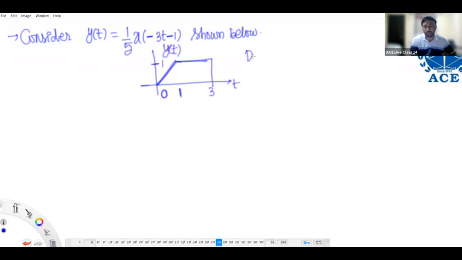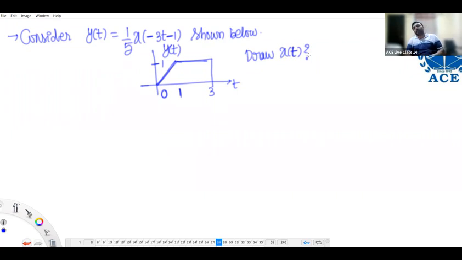The question is, draw x of t. Directly the scaled and shifted form is given. We want the original signal.